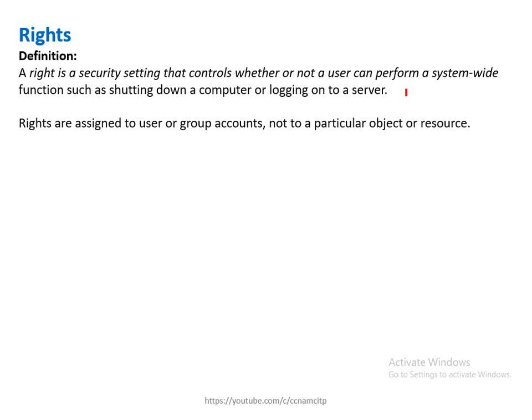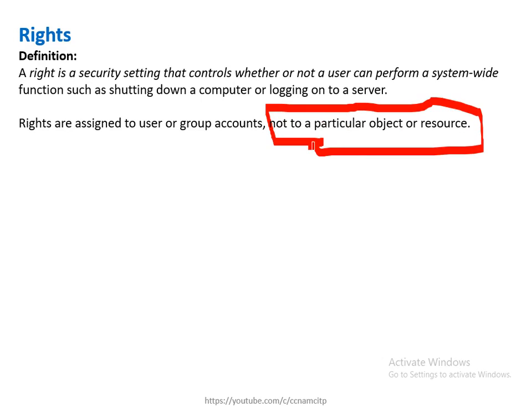That is the main concept of rights. And rights are assigned to user or group accounts, not to a particular object or resources. This is what we should be very careful about, because most of the time I have seen in my career that guys are not able to understand this. They say that rights can be applied to an object or resources also. So you should be a little bit careful about it.